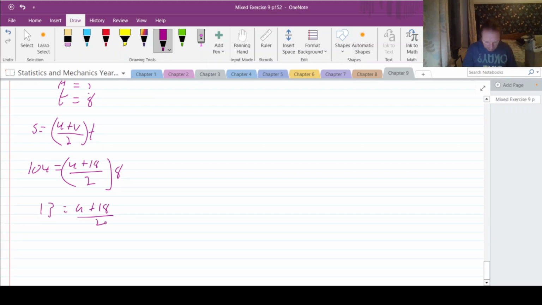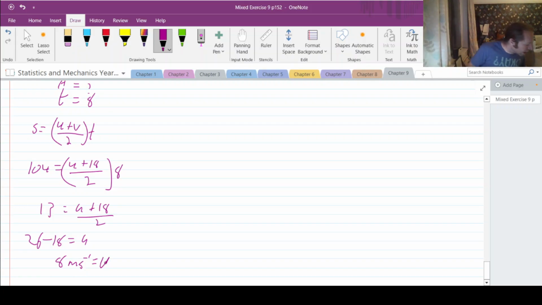Double the 13, making it 26. 26 minus the 18 is equal to u, which is 8. The initial speed is 8 meters a second for u.